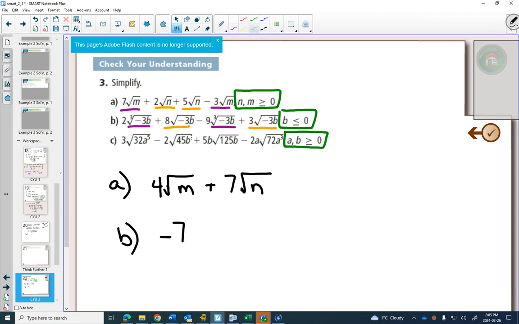That'll give me -7 cube roots of -3b. And then 8 square roots plus 3 square roots will give me plus 11 square roots of -3b. Okay?